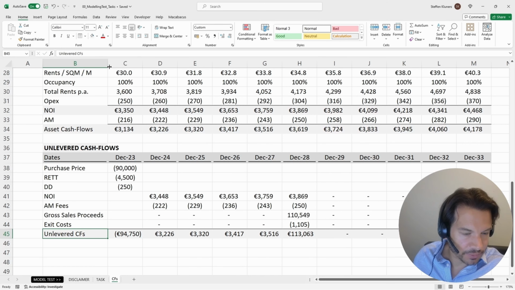It's always better to use the XIRR formula because this way we're picking up the correct date. We could also use the simple IRR formula in this case. So let's do this here. You can see the simple IRR formula gives almost the exact same number.